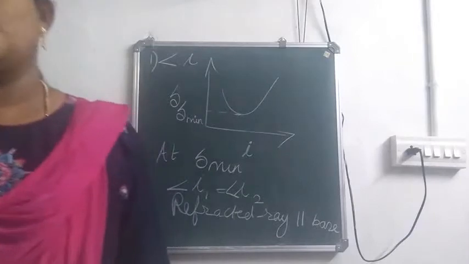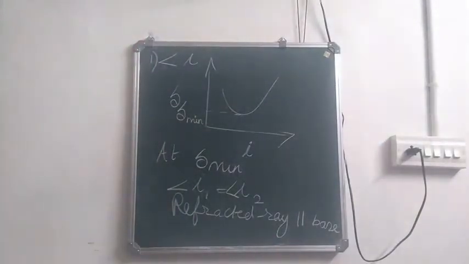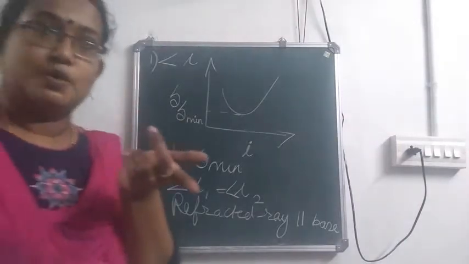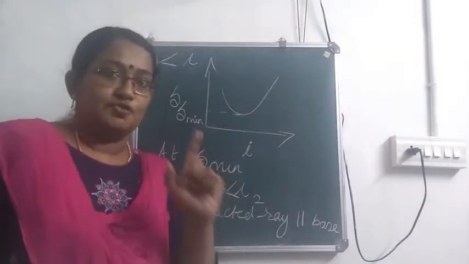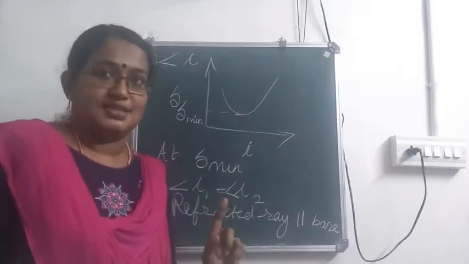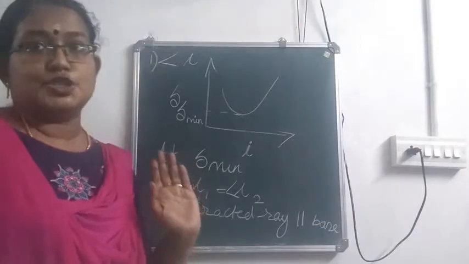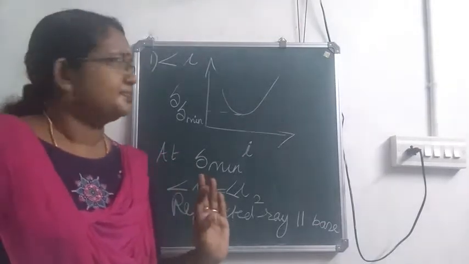So that point is also very important. Only for one value of angle of incidence, the refracted ray inside the prism is parallel to the base. I think this question also came once for the board exam.